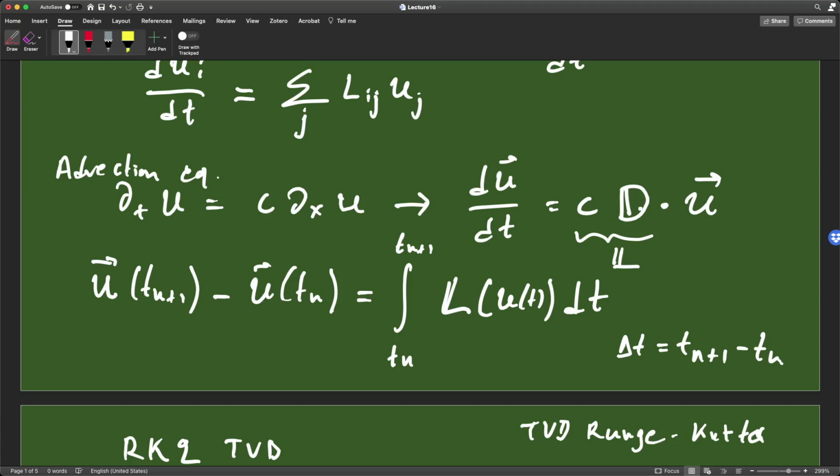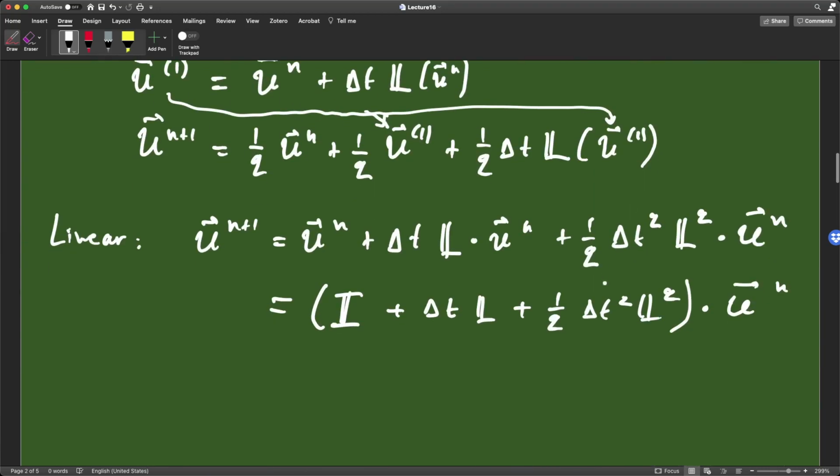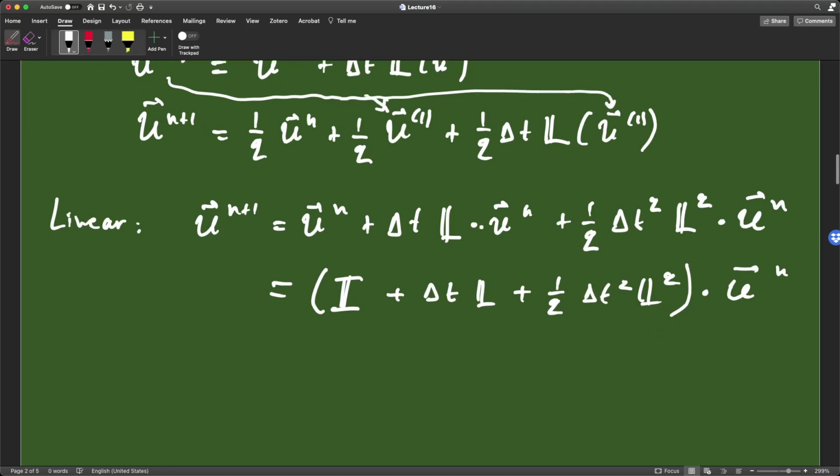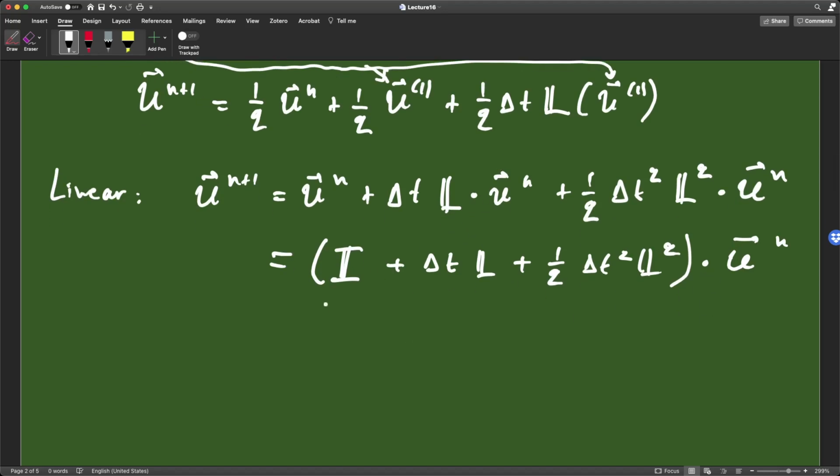If we simply construct this matrix C times D, and store it, then we can multiply by delta t, add it to the unit matrix, and add this extra term, and then store this whole matrix. Let's call it M. And then each time step is simply a matrix multiplication, M dot u.